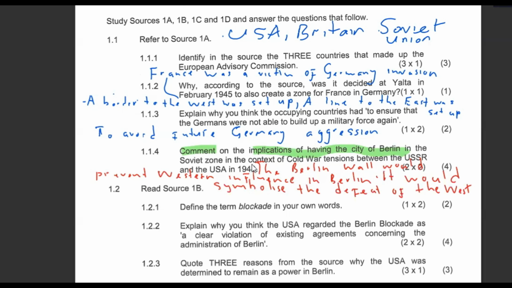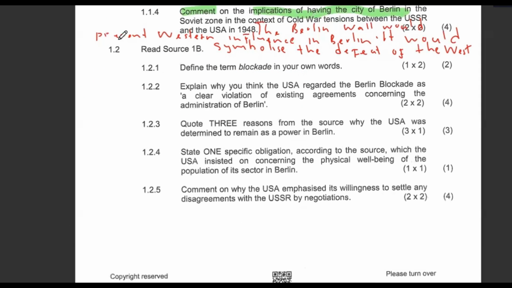The Berlin Wall would prevent Western influence in Berlin, and it would also symbolize the defeat of the Western interests in Berlin. So these are the implications of having a city under the Soviet Union. If the Soviets were going to control the whole of Berlin, it simply means that the West would not have influence in Berlin, and it would symbolize the defeat of the West by the Soviet Union.